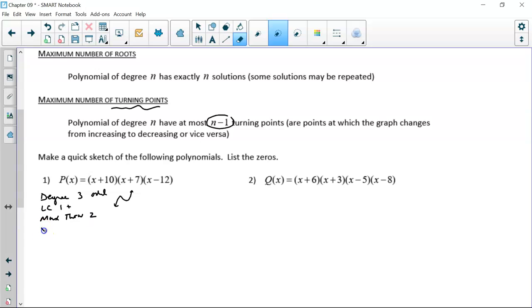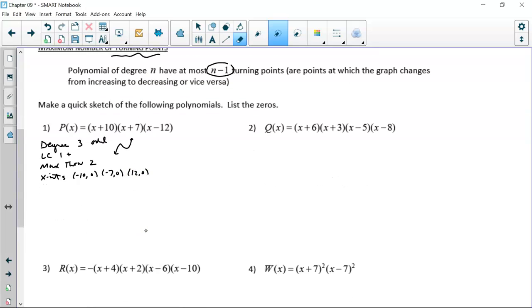And now the x-intercepts, the zeros: -10, 0, -7, 0, and 12, 0. So with that, we can make a quick sketch. Here's my -10, here's my -7, and here is my 12.